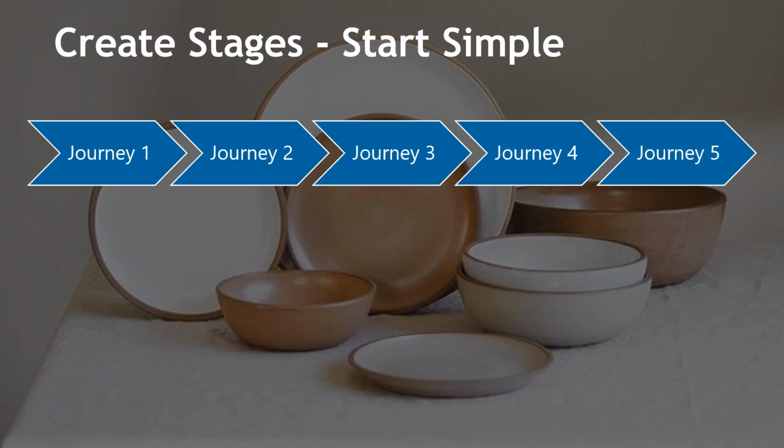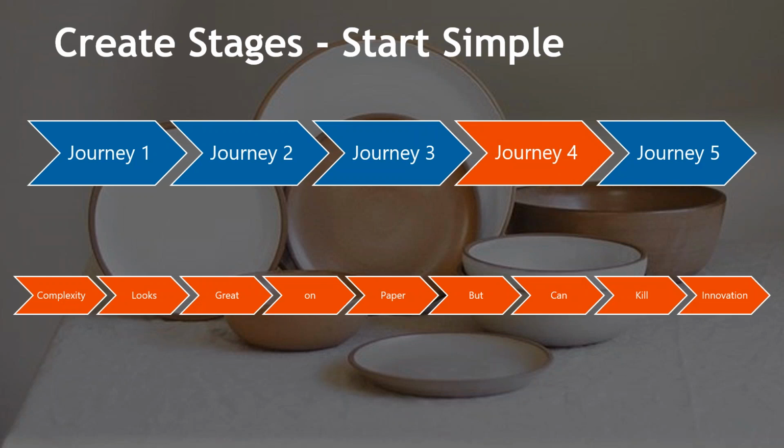Hey, we've got 5 journeys or 5 stages or whatever it is. Now, it can be really tempting at this point to want to break it down into more detail and have more stages. What I can tell you is, in this case, less is almost always more. It can look really important and sophisticated to have lots of stages and lots of stickies all over the place. The more you complicate this, the more difficult it is to actually do anything with it.